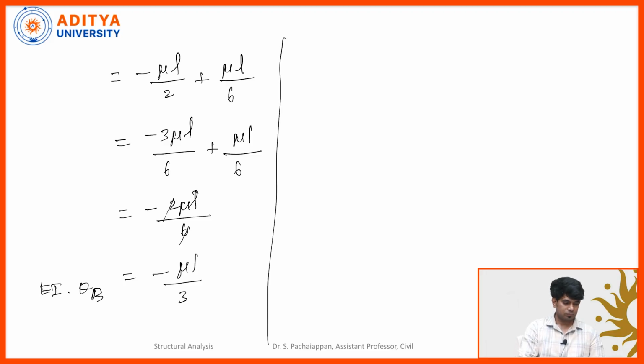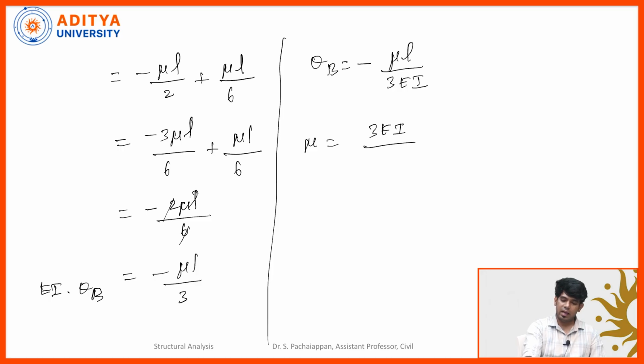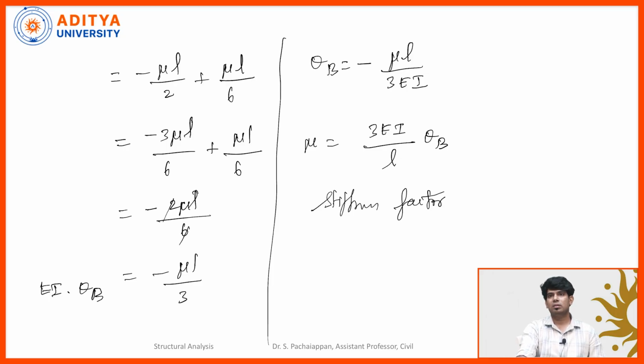Now, what is theta B? Theta B is equal to minus of mu L by 3 EI. Then what is mu? Mu is equal to 3 EI by L into theta B. So we got the applied moment. Now we will write the stiffness factor also. Stiffness factor is what?